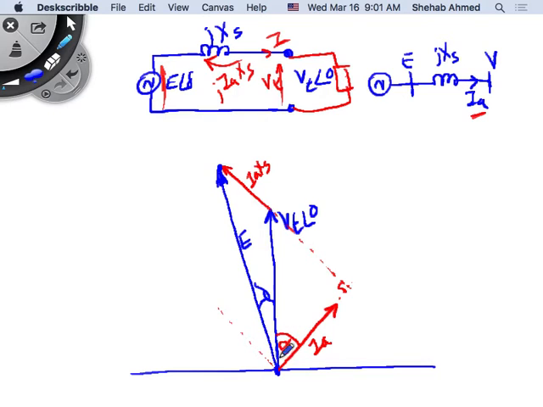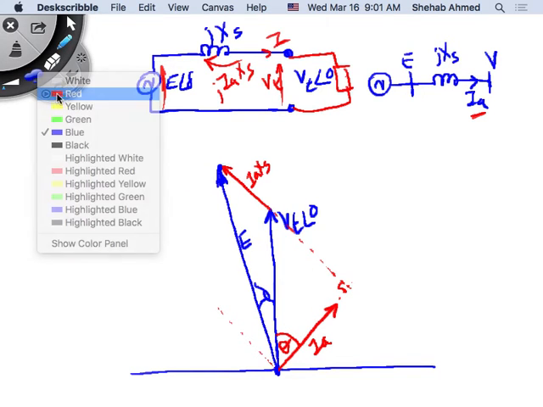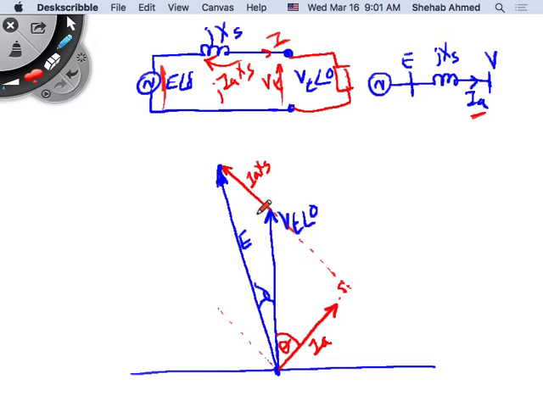If the angle between this phasor and this phasor is theta, let me draw this line here, up here, parallel. Just draw a parallel line to this. Now, what is this angle? And hence, what is this angle?